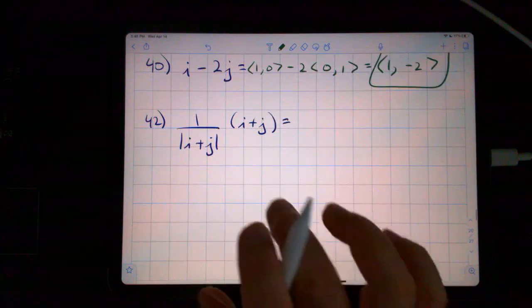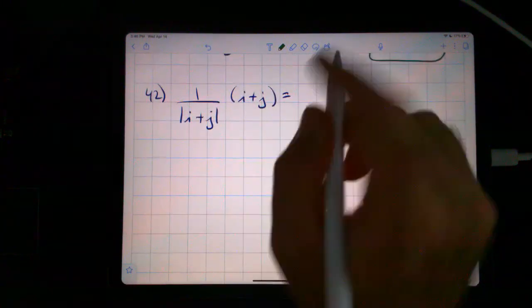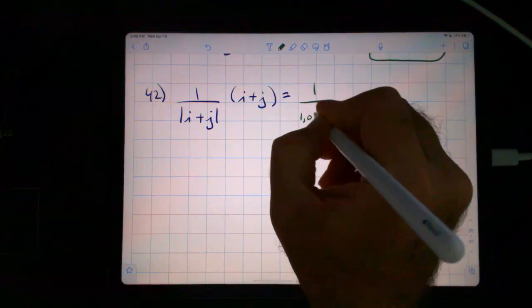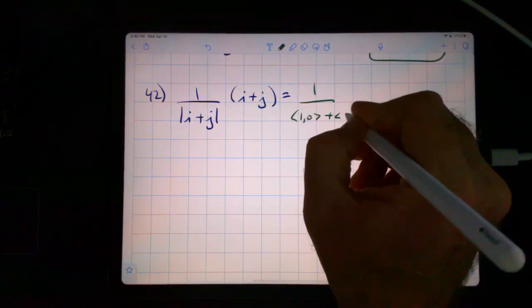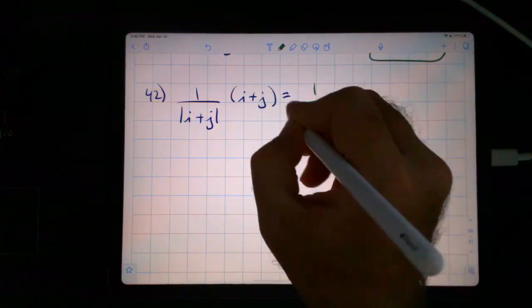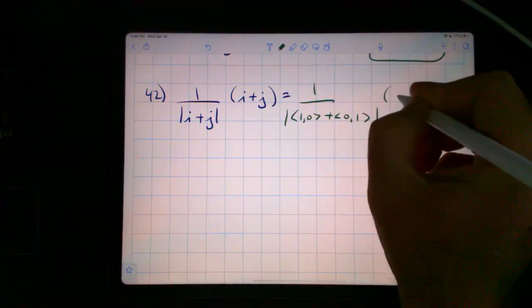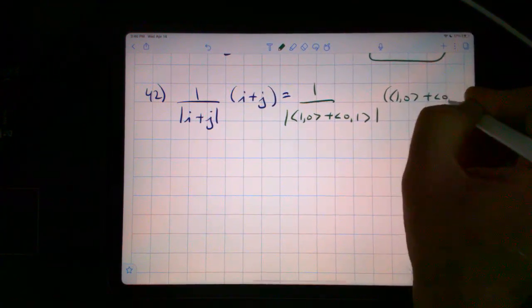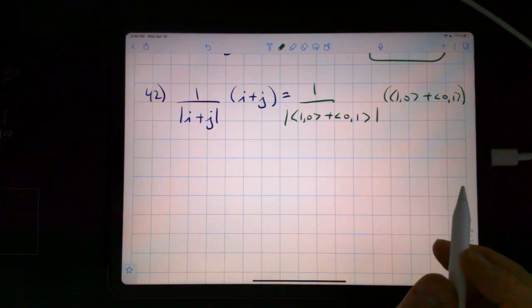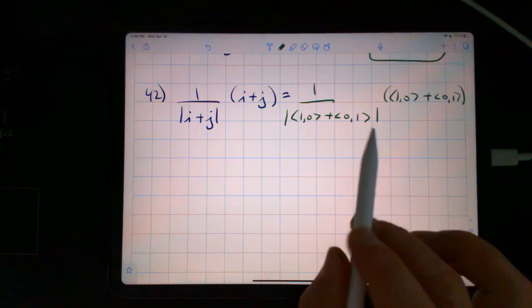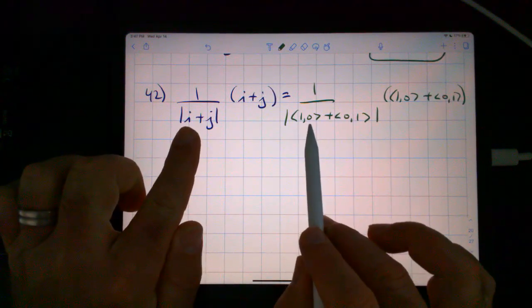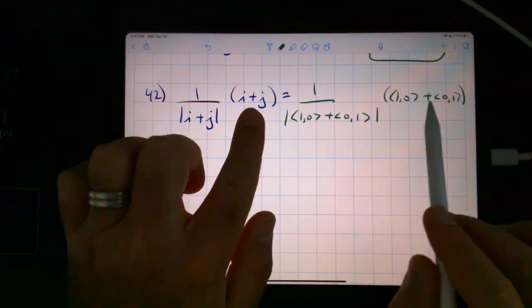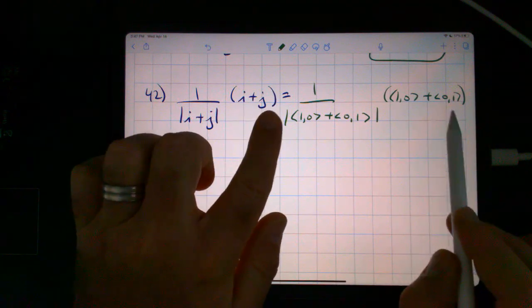Okay, so this is... I vector is 1, 0, plus the J vector is 0, 1. This is 1, 0 plus 0, 1.